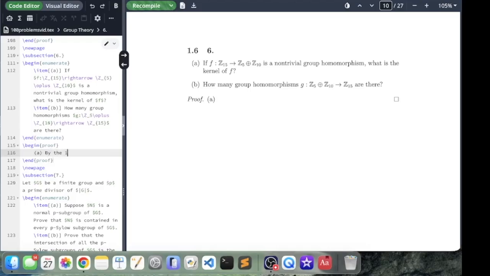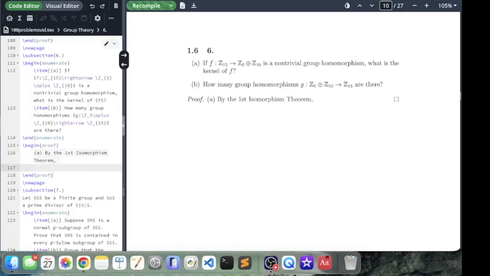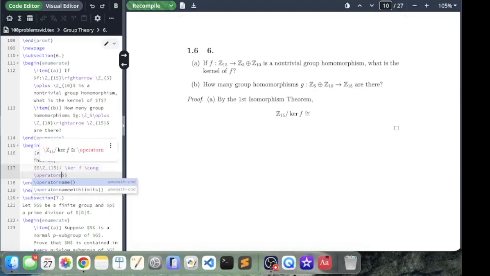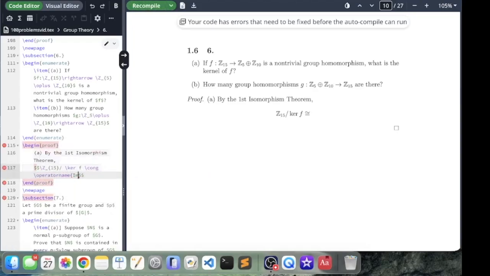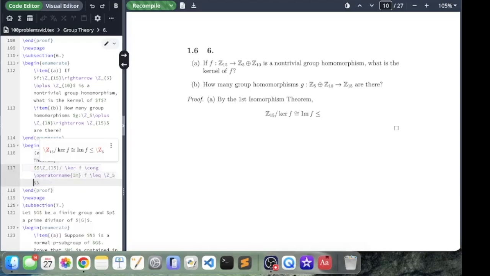By the first isomorphism theorem, we have that Z15 modded out with the kernel of f is isomorphic to the image of f, which is a subgroup of our codomain, which is Z5 plus Z10.